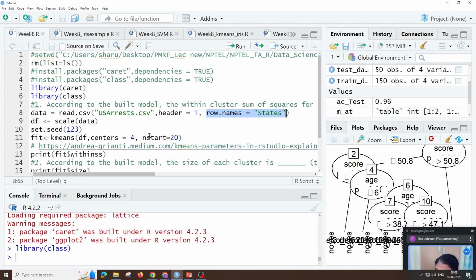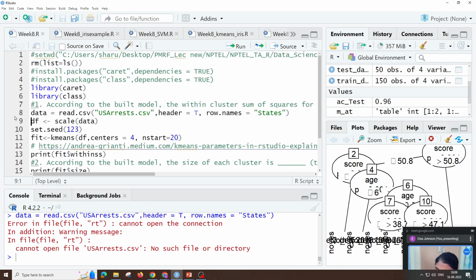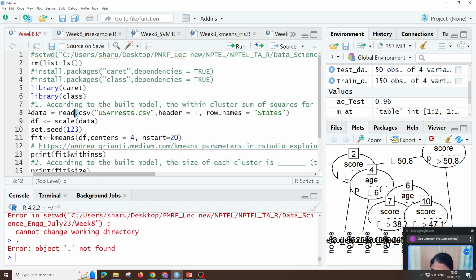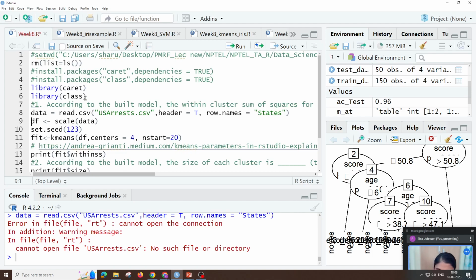Yeah, so we were saying, first we can read the data, usrs.csv.